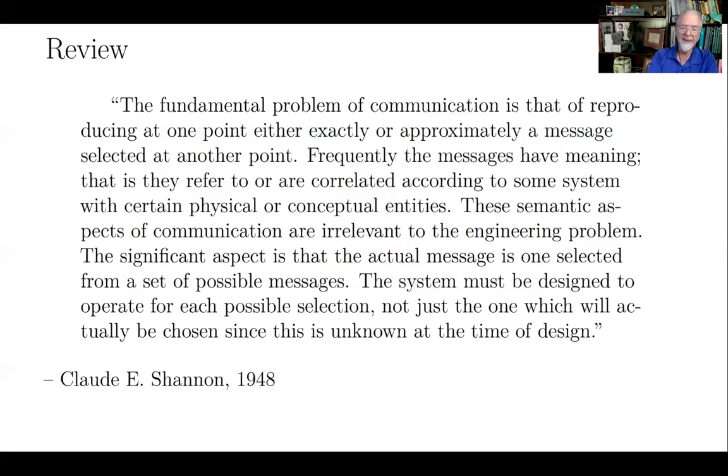These semantic aspects of communication are irrelevant to the engineering process. So that was one of the insights that I spoke of earlier, namely that the meaning of these messages is irrelevant or orthogonal or just not relevant to the physical aspects of communication.